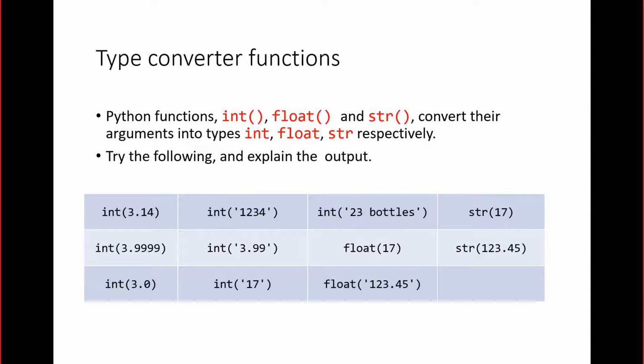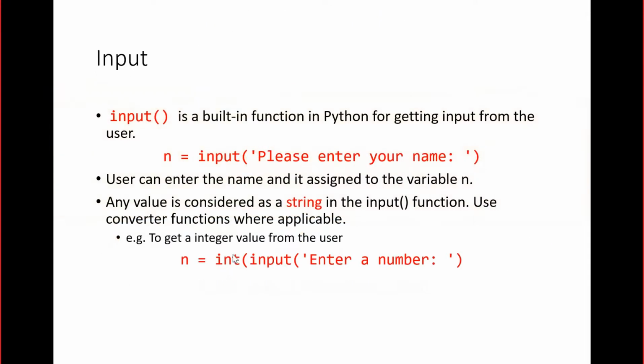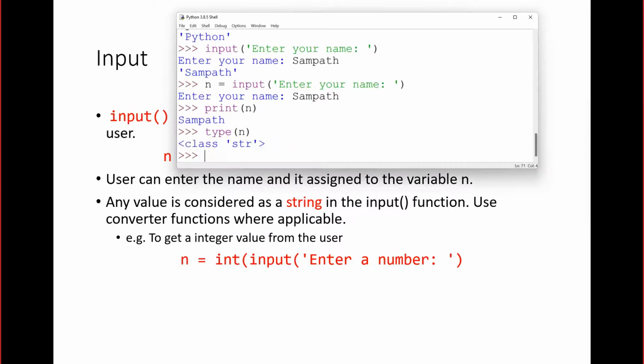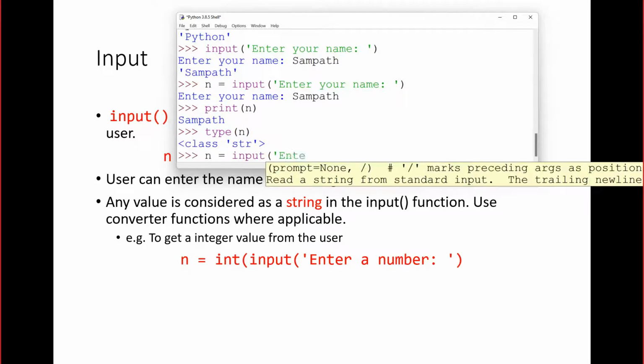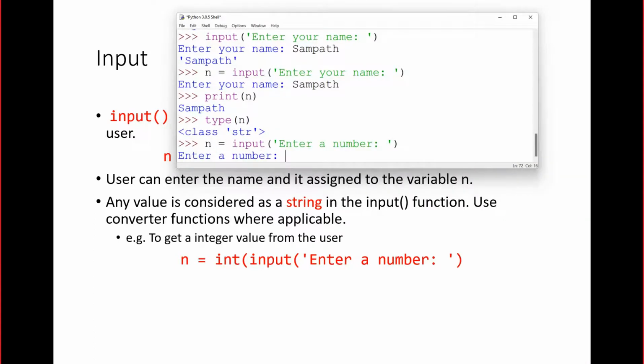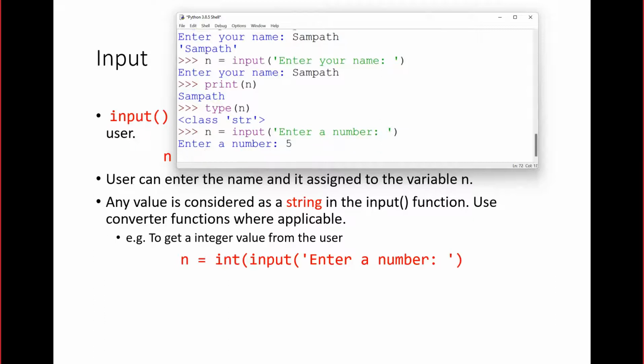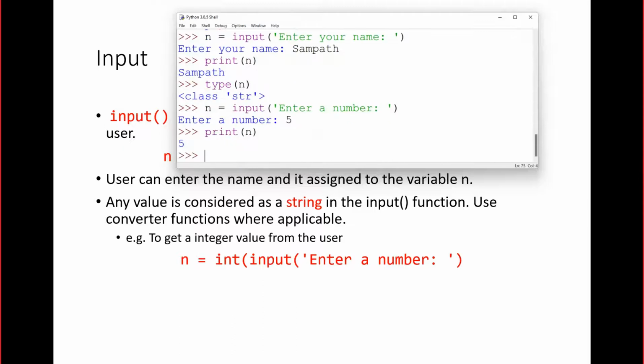Okay, now having said that, I would like to go back, and I just want to get not a name, I want to get a number, right? So right now, if you just use it like this, n equals input, enter number, and whatever the user enters, let's say 5, and if you say print n, you will see 5.